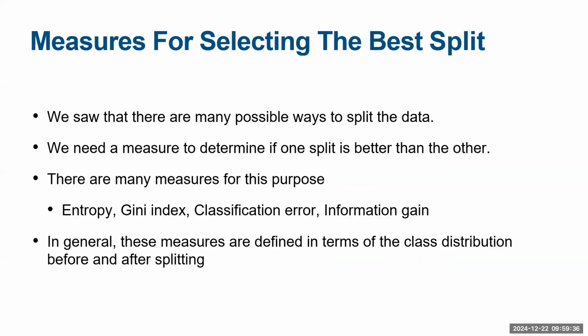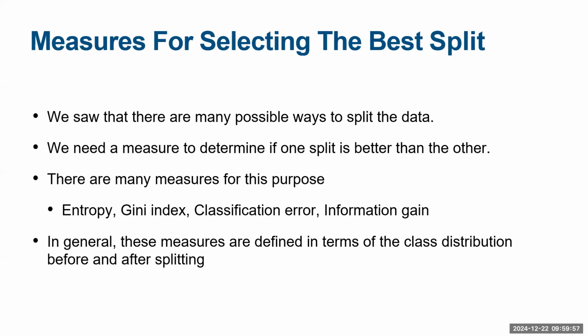Okay, so with all of these splits, now we can move on to the measurement, right? Basically, we have every attribute. We try to split based on each attribute, right? So if you have 100 attributes, there are 100 ways to split them.